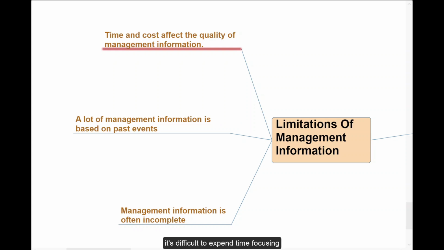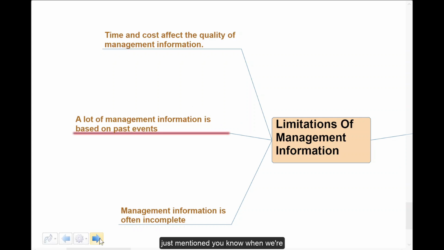It's difficult to look forward, and indeed, it's difficult to expend time focusing on or trying to get budgets right, trying to get forecasts right, particularly in a business environment that changes rapidly. That's going to take more time. It's going to cost us more money.